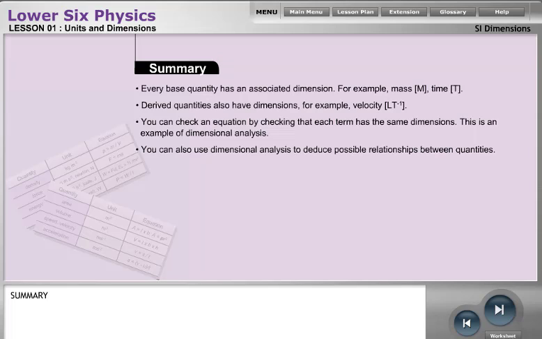You can check an equation by checking that each term has the same dimensions. This is an example of dimensional analysis. You can also use dimensional analysis to deduce possible relationships between quantities.